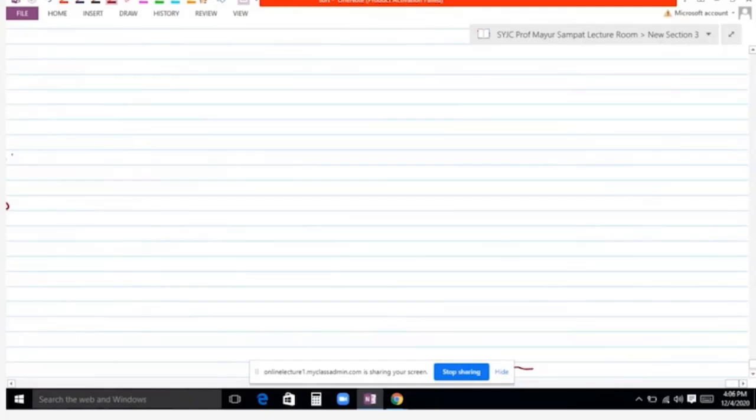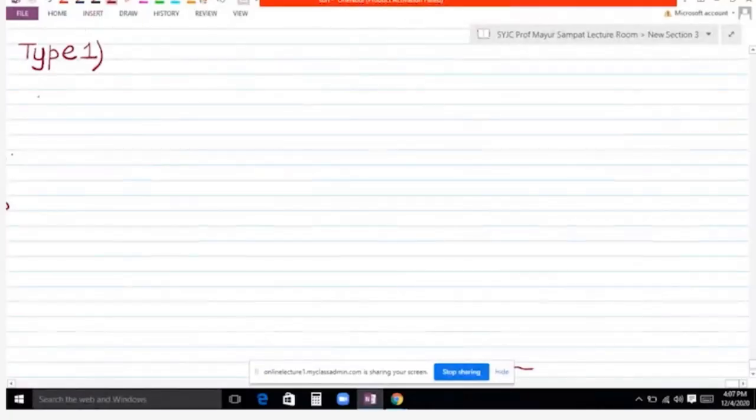Type 1: Problem based on distinct linear factors.